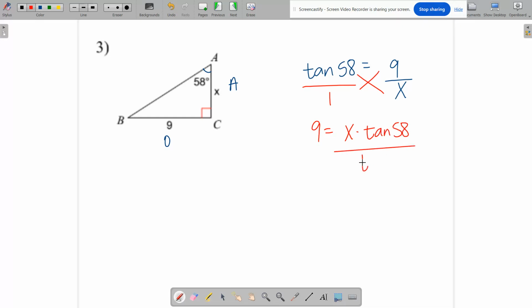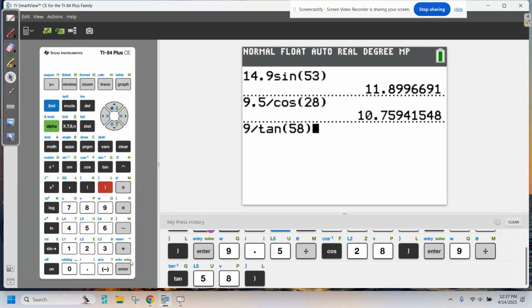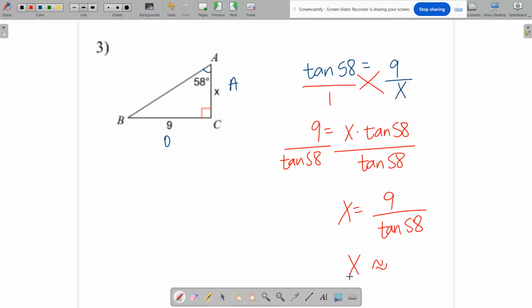To isolate x, we have to divide by the tangent of 58 on both sides. So x will equal 9 divided by the tangent of 58. If we type that in our calculator, we get about 5.6. So x is about 5.6. And again, that seems to make sense here.